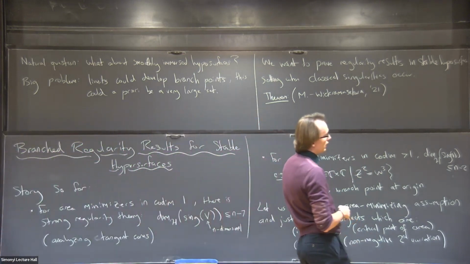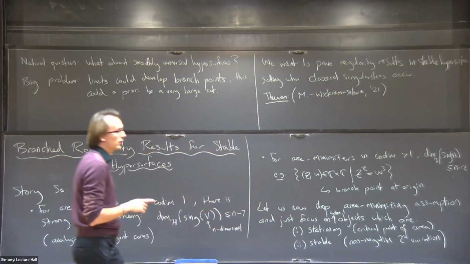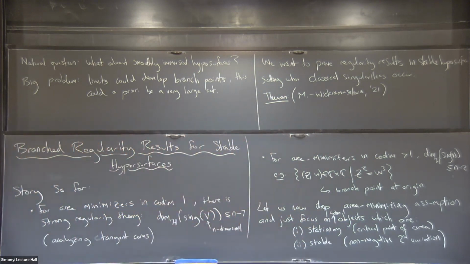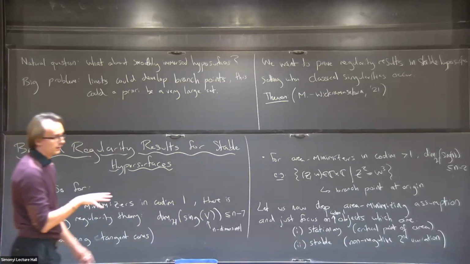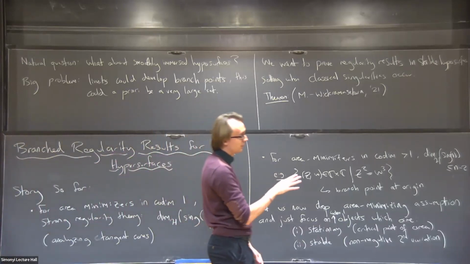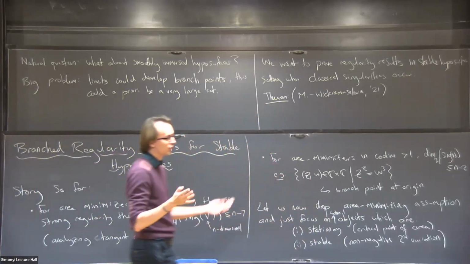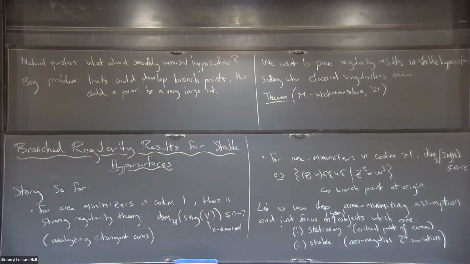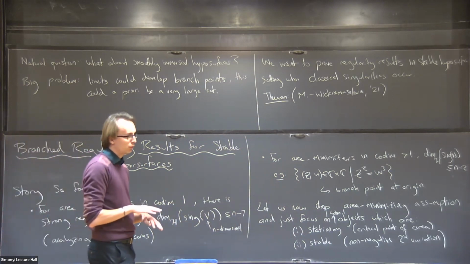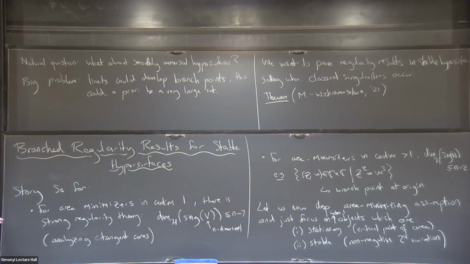Okay. And in particular, there's nothing being said about the size of the branch set. So this still could have a branch set which is very large, positive measure, things like this. So the structure of the branch set itself is still open. That's something that we're working on.